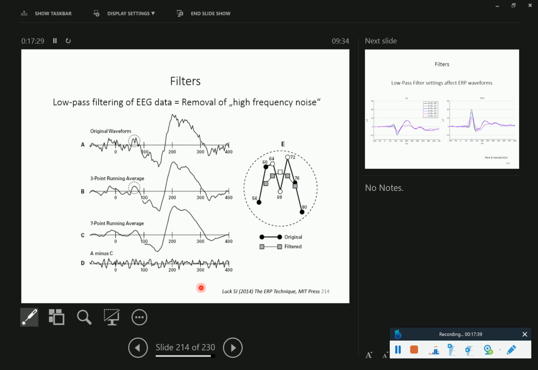This is how filters are often implemented: you can view that as forming local averages. If you have something like this, you actually compute an average of adjacent time samples, and by computing, for example, a 3-point running average or 7-point running average, you smooth this out. So you can also understand low-pass filtering as smoothing in the time domain.